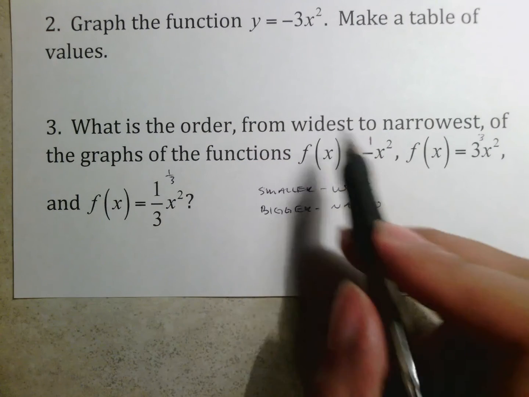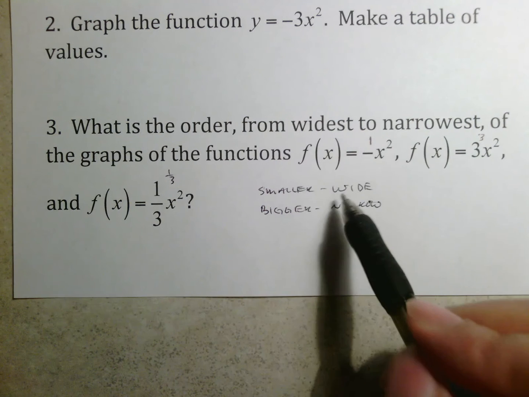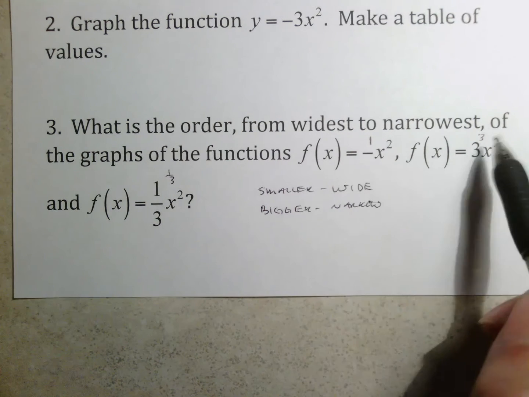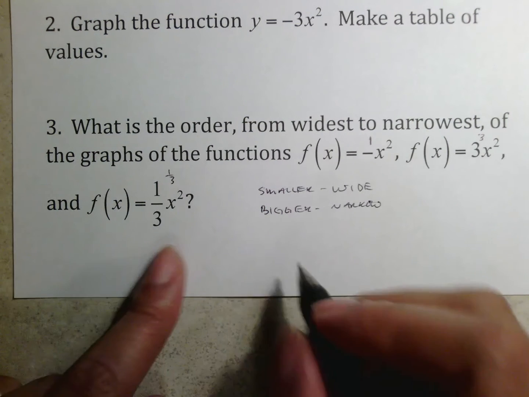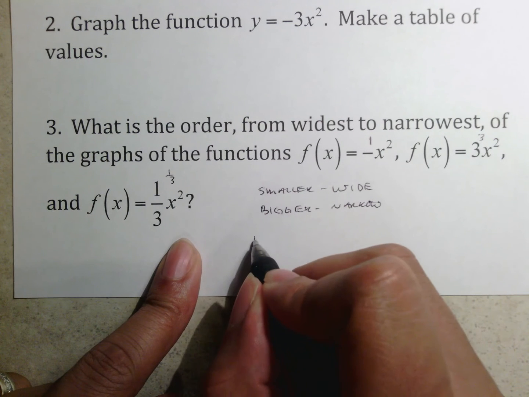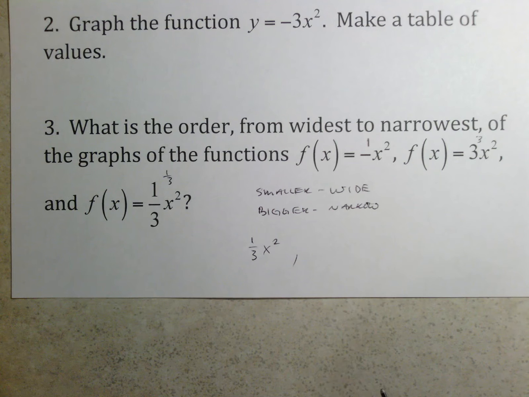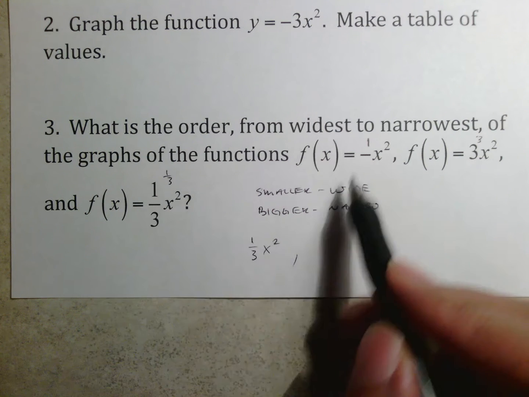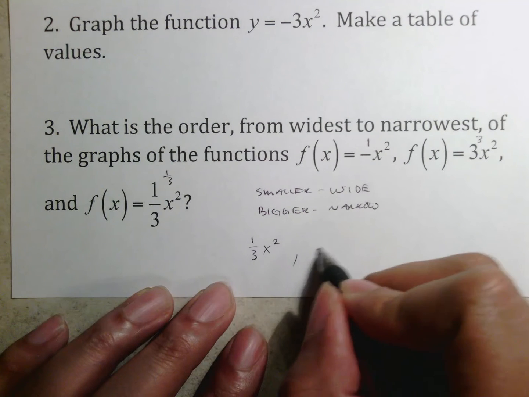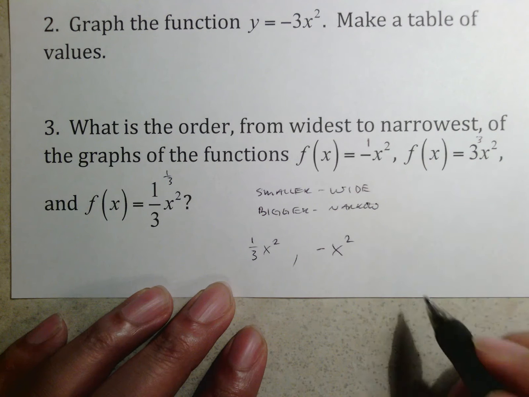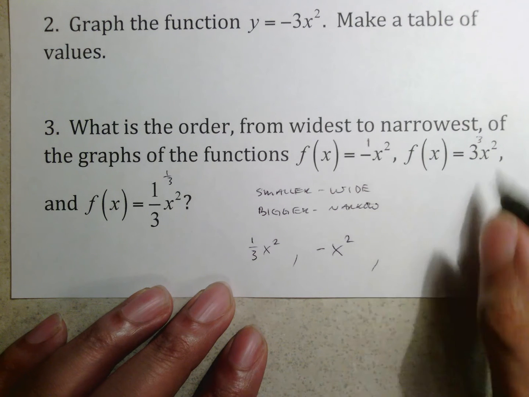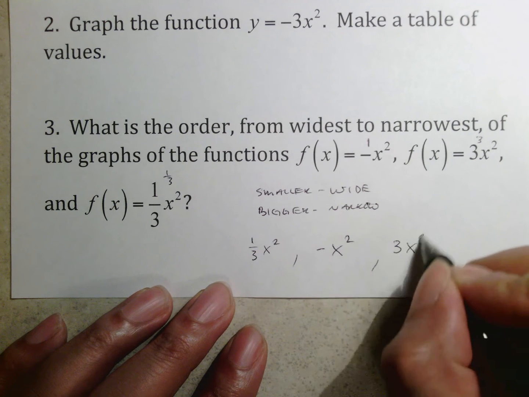Well, if you want the widest, that means the smallest number should be most wide. We have a 1, a 3, and a 1/3. After you graph that, your widest should have been 1/3 x squared first. Your second smallest number is going to be negative x squared, because of course that's going to be your 1. And then your biggest or most narrowest should be 3x squared.